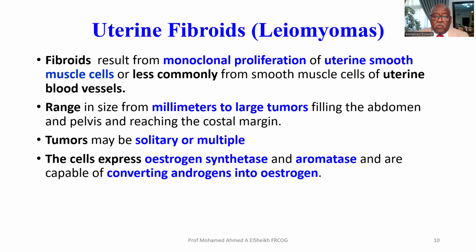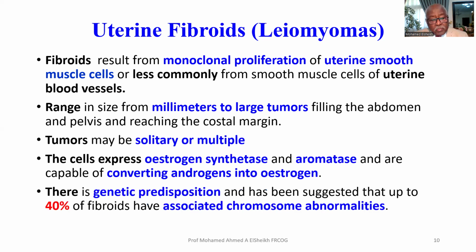The cells express estrogen synthetase and aromatase and are capable of converting androgens into estrogen. That's to say, it's an estrogen-dependent tumor, if you put it this way. There is genetic predisposition, and it has been suggested that up to 40% of fibroids have associated chromosomal abnormalities.